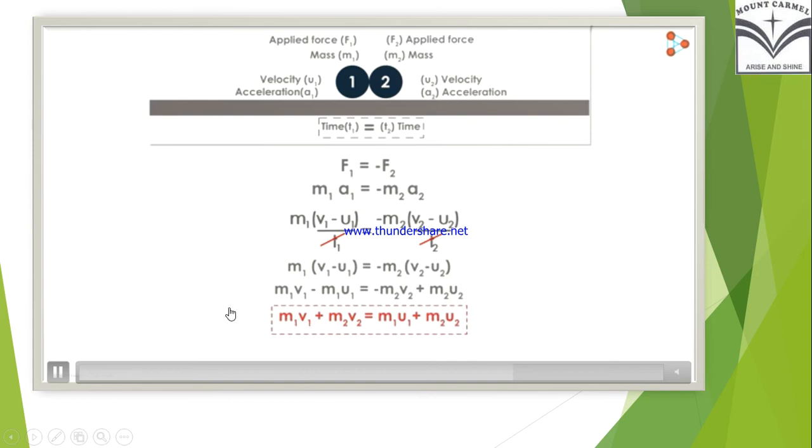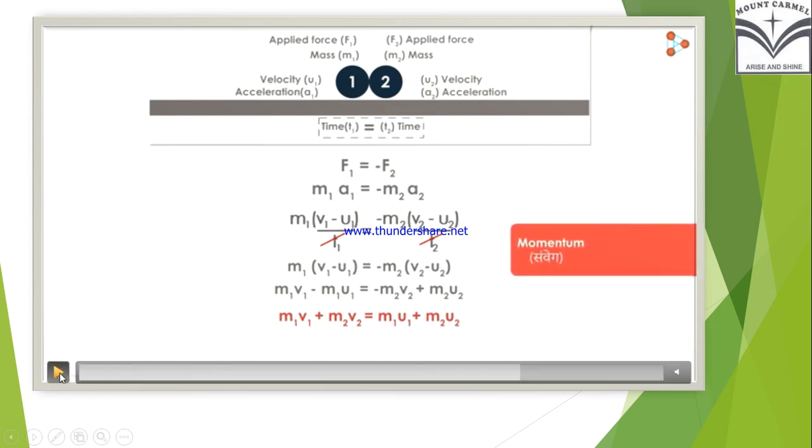We get m1v1 plus m2v2 is equal to m1u1 plus m2u2.